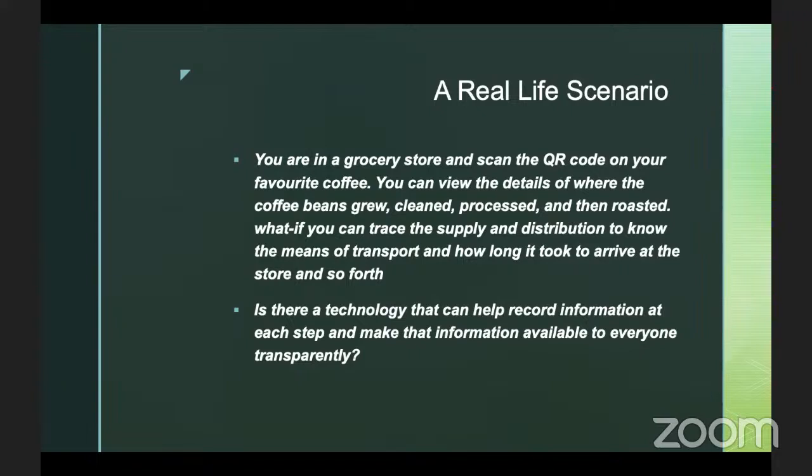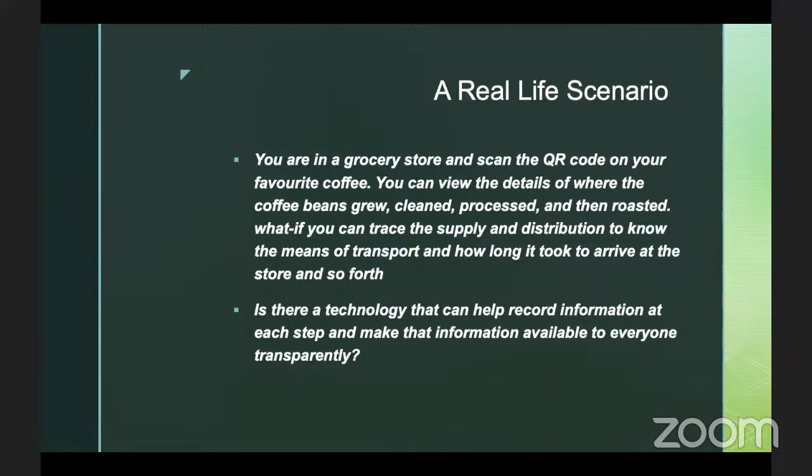Wherever you have information to keep, wherever you have transactions, wherever you have some events happening, and you want to keep a record of those events, which should be transparent to everybody participating in the end-to-end process, and all these transactions should be secure, in the sense that nobody should be able to do any malpractice in between.